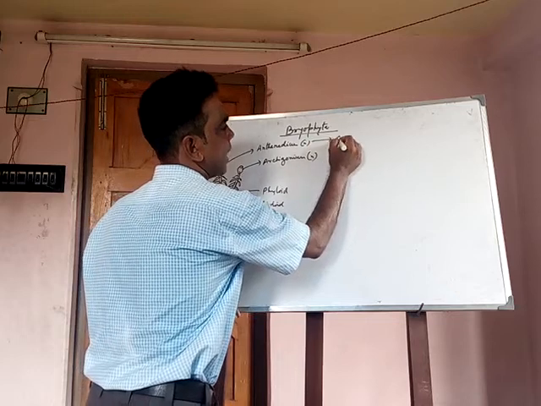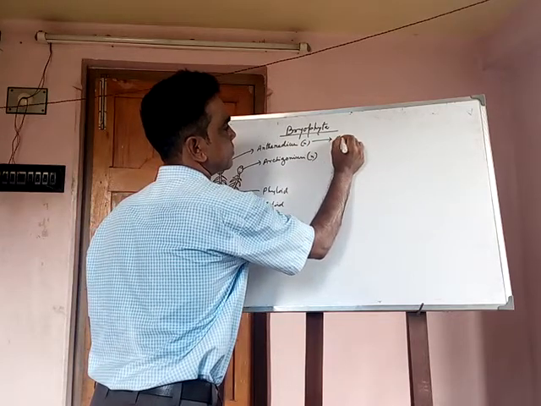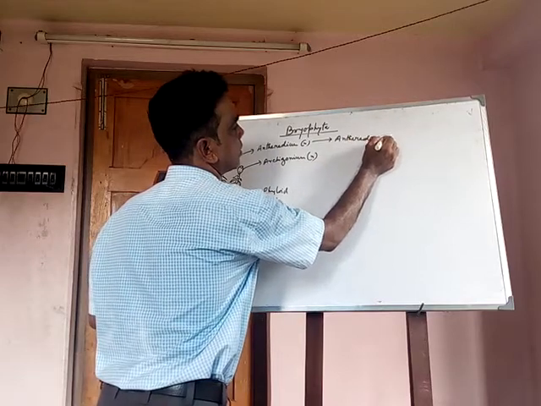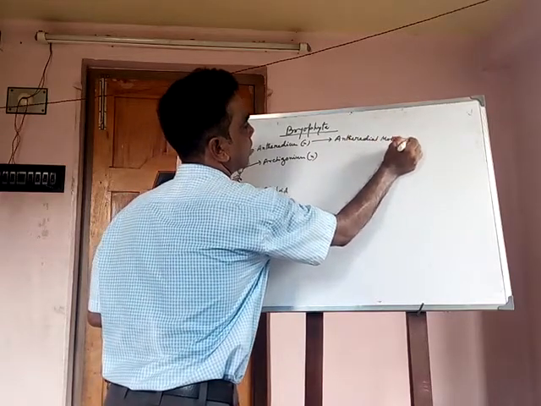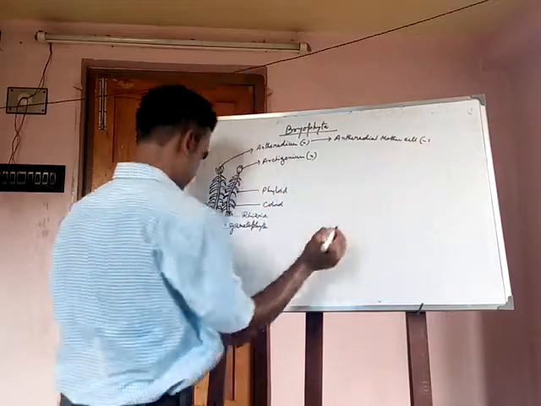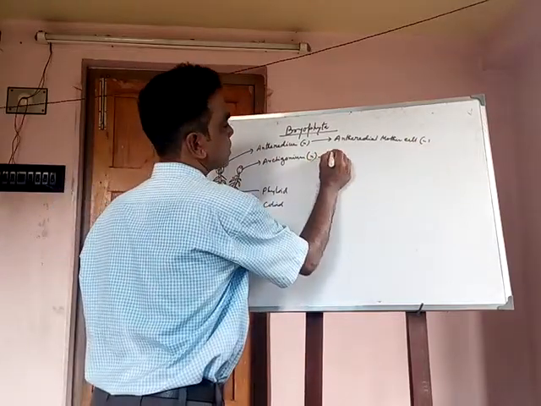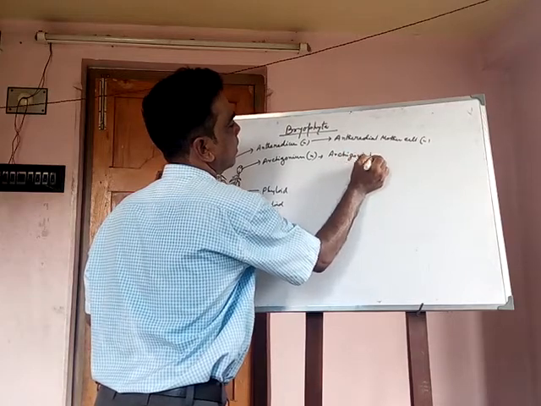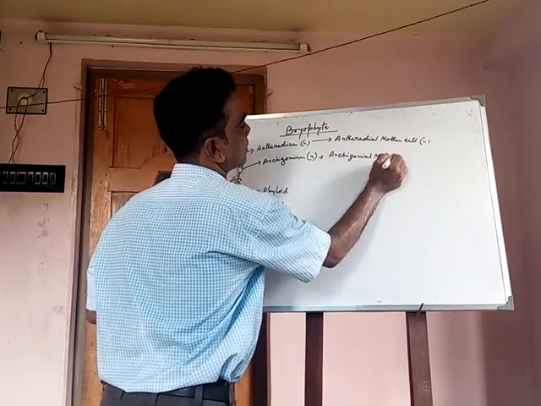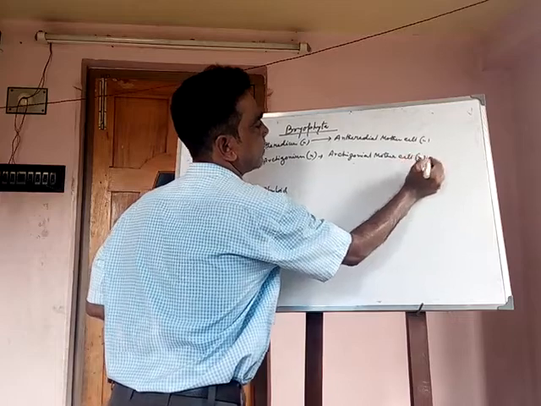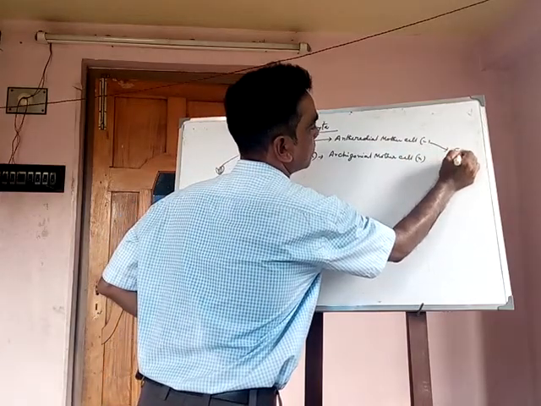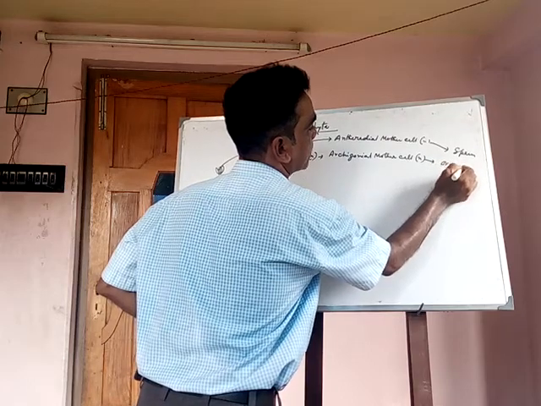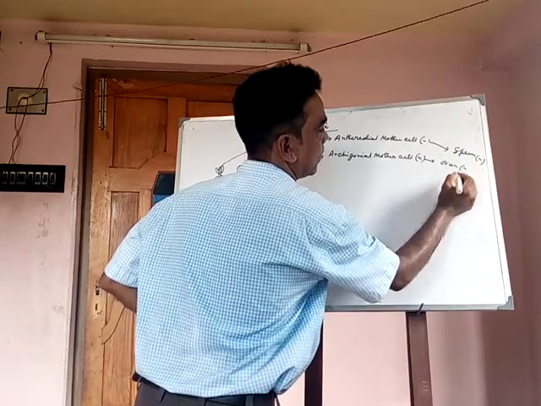Antheridium produces antheridial mother cell, archegonium produces archegonial mother cell. It produces sperm and ovum.